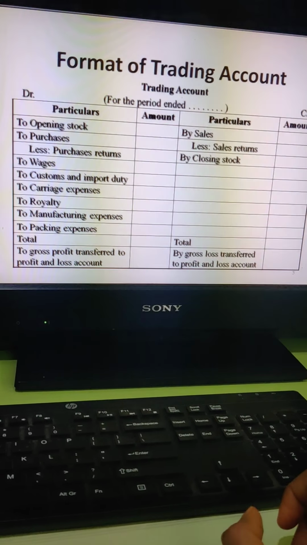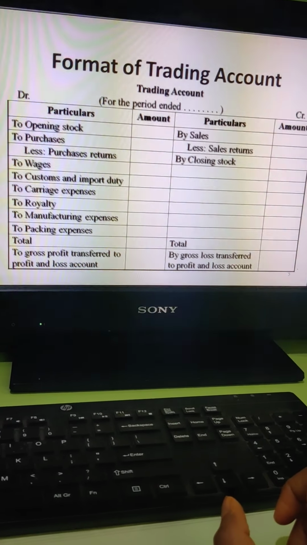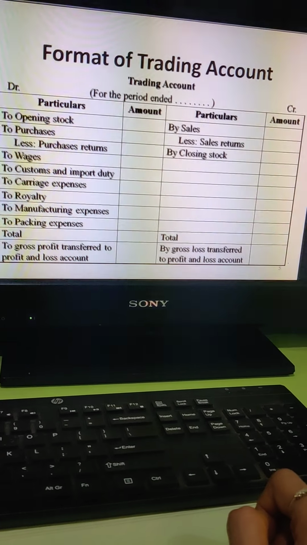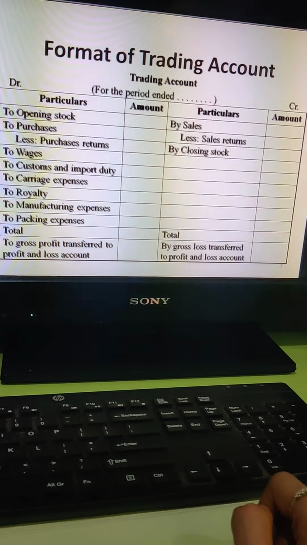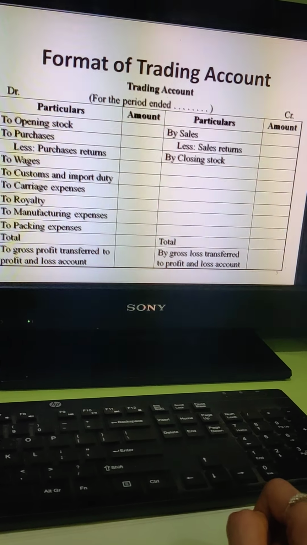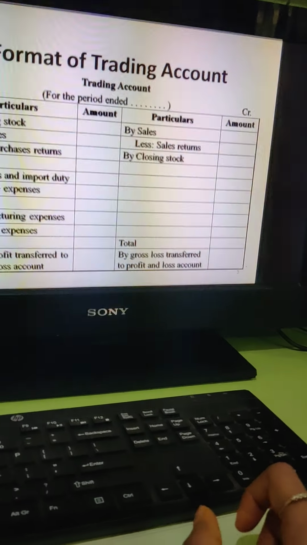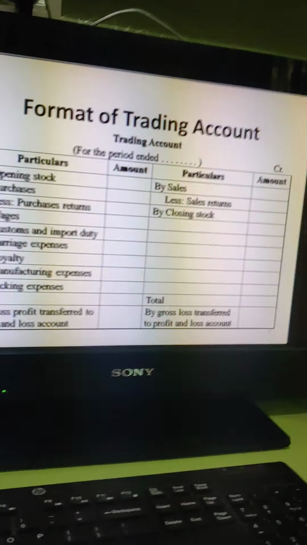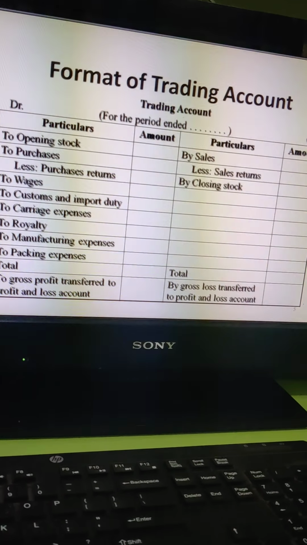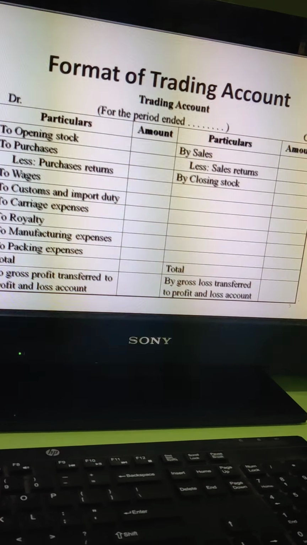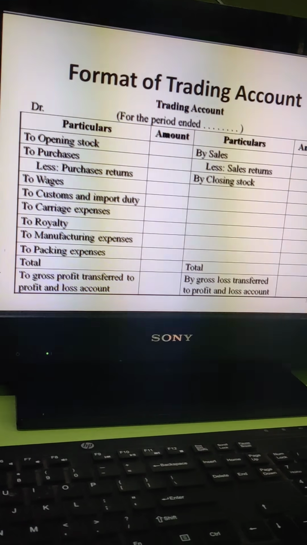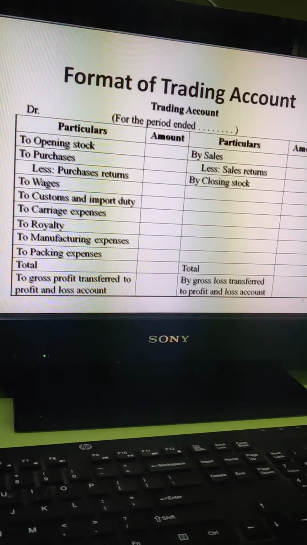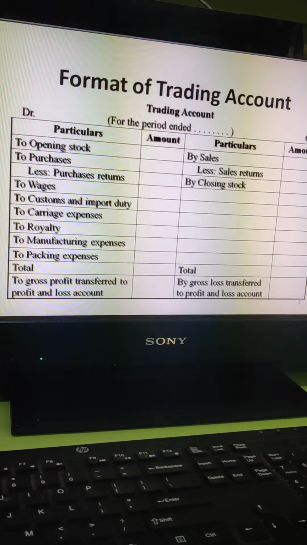The next entry is of wages. You pay wages to the workers. Then customs and import duty in order to get the goods into the godown. You also pay some carriage expenses, some royalties, some manufacturing expenses that you incur in order to manufacture the goods, some packing expenses.